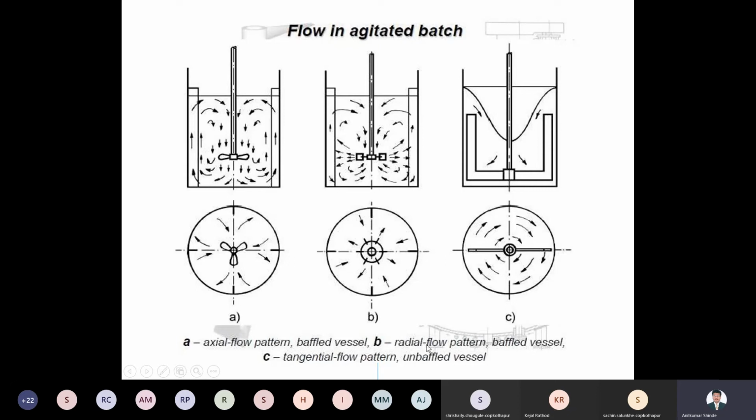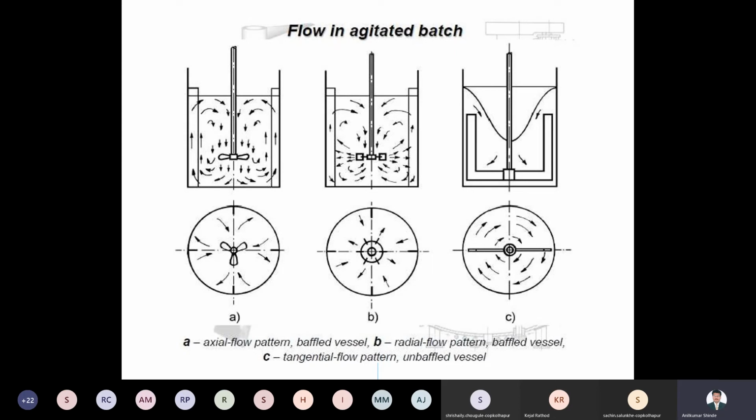So these are about the radial flow pattern with a baffled vessel. The baffle is also required. Then C is the tangential flow pattern. In an unbaffled vessel, the baffle is not there. In this case the baffle is not there, so this tangential flow is there. The shaft is attached to the paddle, and different paddles can be attached to the shaft.